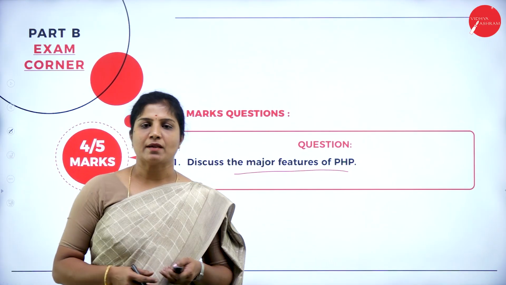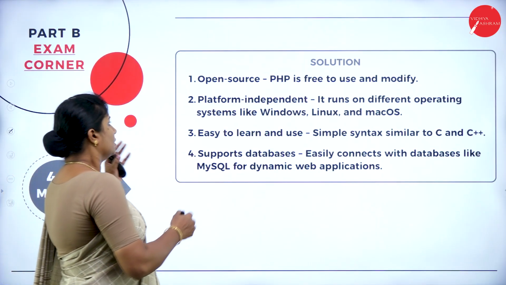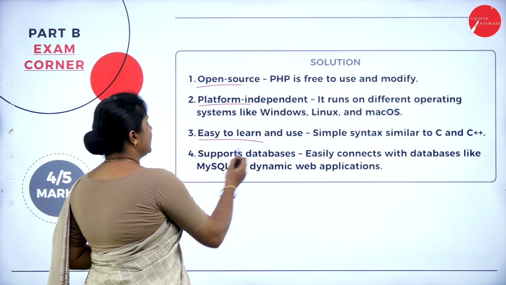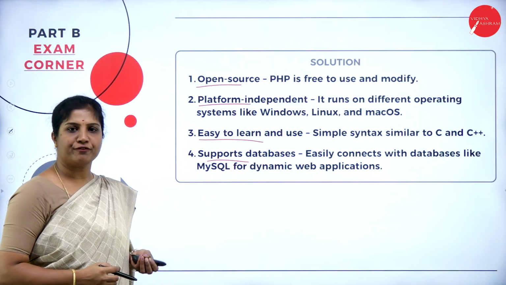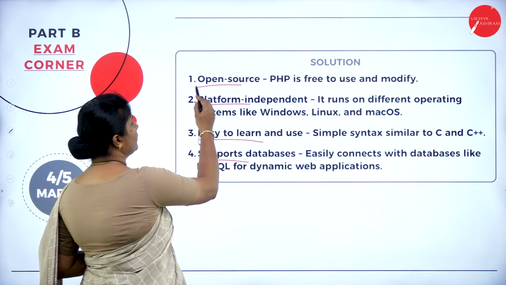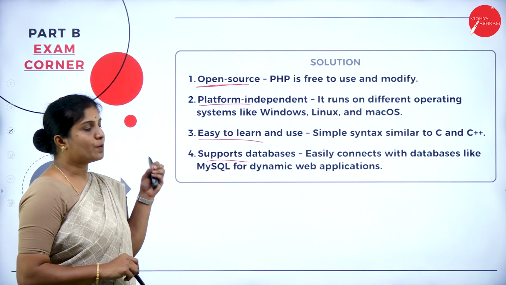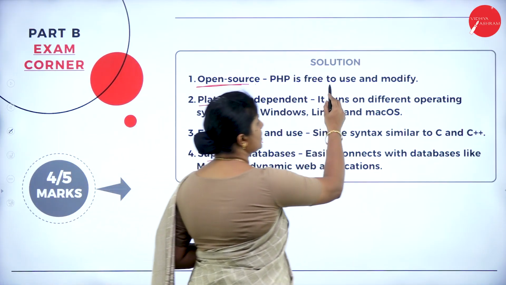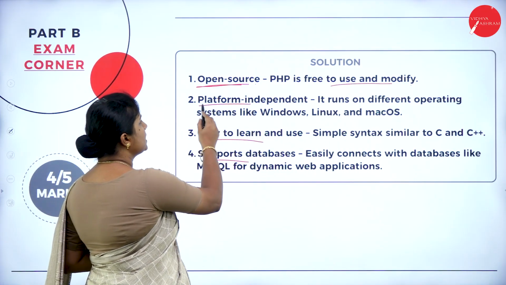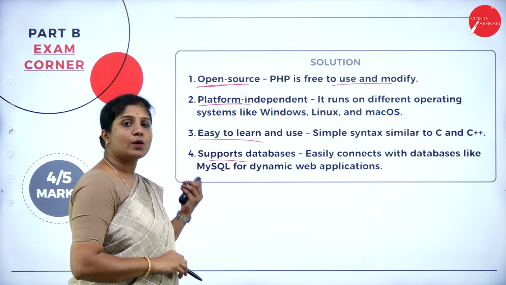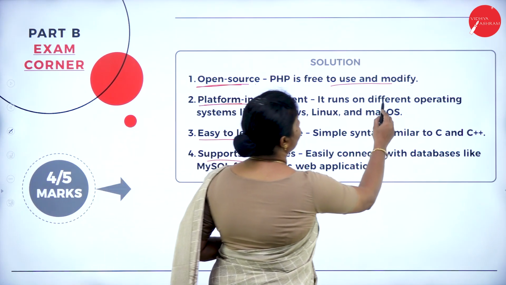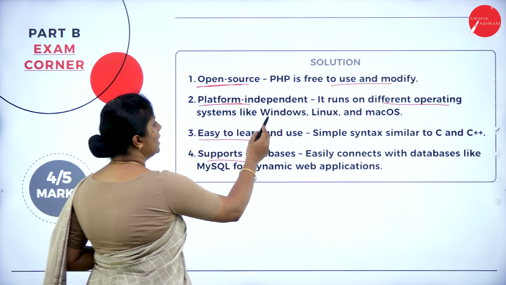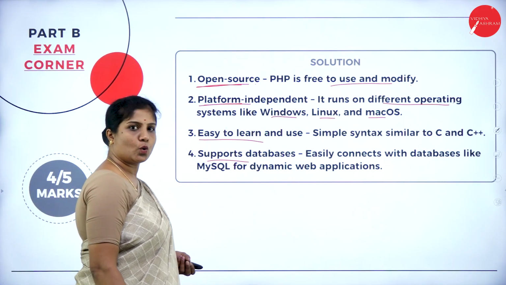So for 4 or 5 marks, you need to list and explain at least 4 to 5 features of PHP. Okay, the first thing is open source. So PHP is free to use and to modify. Next, platform independent. So it runs on different operating systems like Windows, Linux and Mac OS.